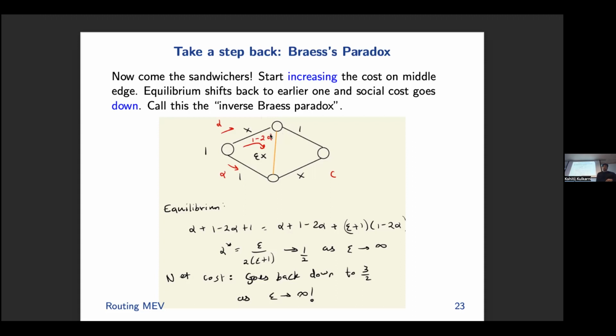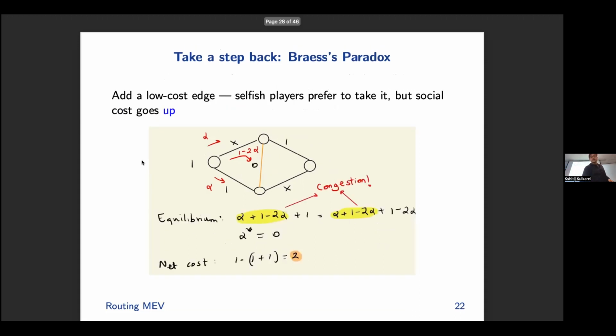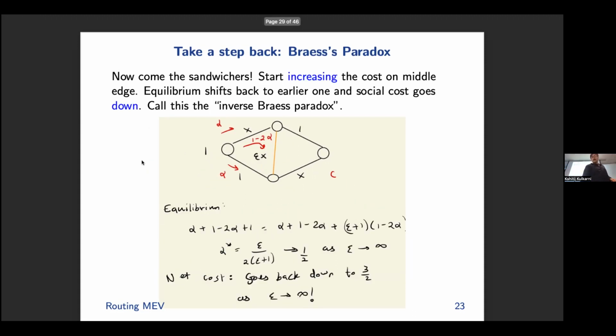So the cost of the network in this example was 2. And now when you take epsilon to infinity, you make epsilon very large, the equilibrium shifts back such that no one wants to take this middle edge. And then it shifts back to the original split between the top and bottom. But we know that the cost of that was lower than what it was when you added the middle edge.